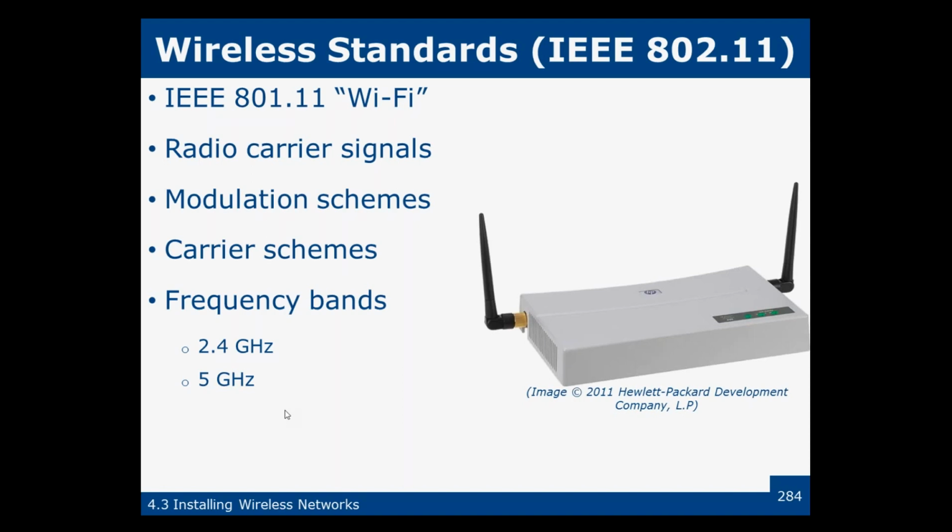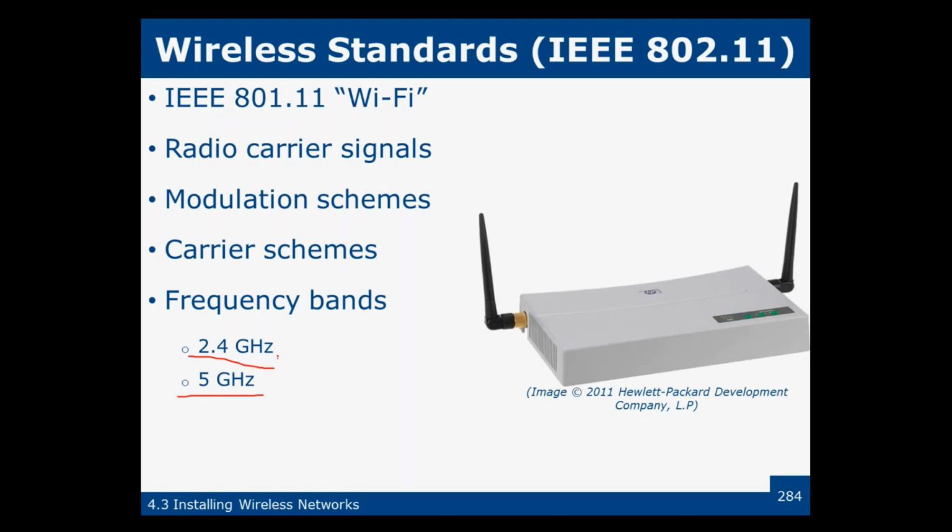And we're going to have two major frequency bands, the 2.4 gigahertz and the 5 gigahertz. When we started doing these things in the world of Wi-Fi, both of these standards came out at about the same time.